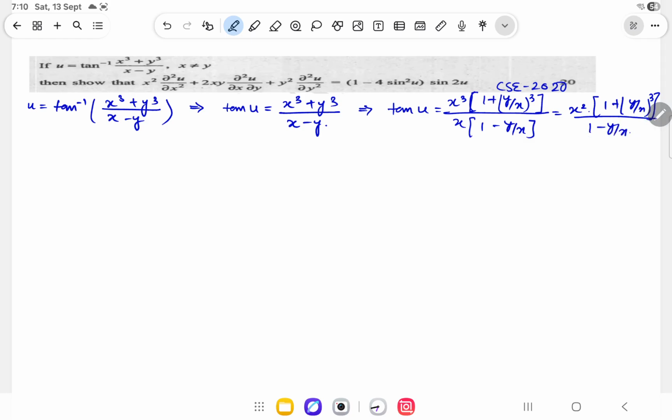So you can see that tan u is basically homogeneous and it has degree 2. So we can use Euler's theorem to get this, because if we directly calculate it, it will be too complicated.